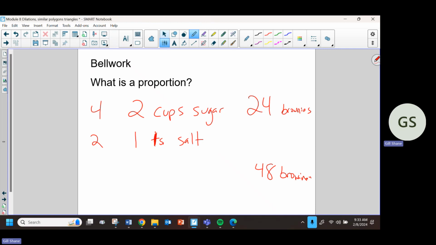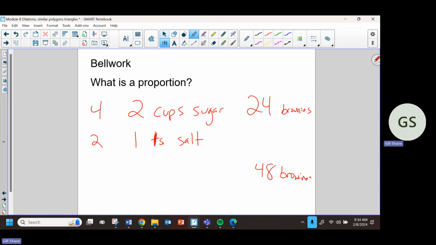So we did an enlargement. What was our scale factor? 2, right? This lesson we're about to do is the same thing. It's using scale factor. It's going to be doing it on shapes, not cooking, although there could be word problems where they do some of this kind of stuff. We just have to figure out what is the final image, divide it by the pre-image, and again, match the sides.